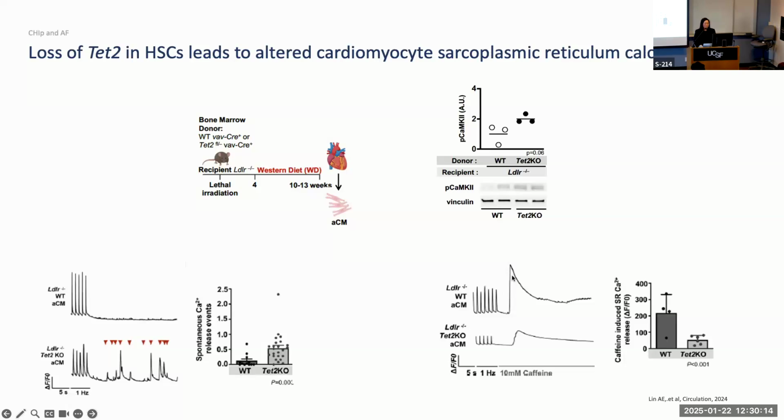So caffeine induces total release of calcium from the sarcoplasmic reticulum, and that can be quantified. This is what you would normally expect after you incubate these cells with caffeine. You see a large release of calcium. But here in the TET2 deficient mouse model, in cardiomyocytes isolated from these mice, we see a delayed response. And this indicates that there is, again, abnormal calcium handling from the sarcoplasmic reticulum and release into the cytosol.